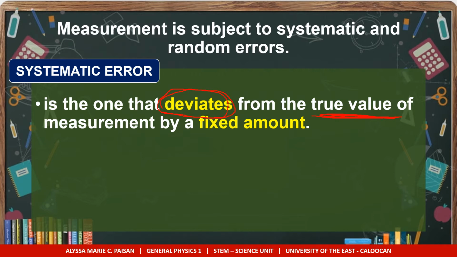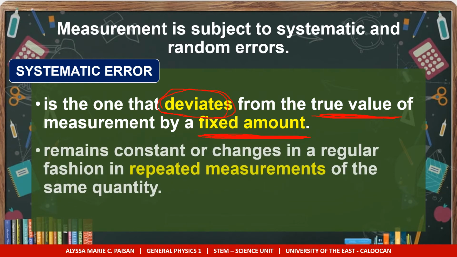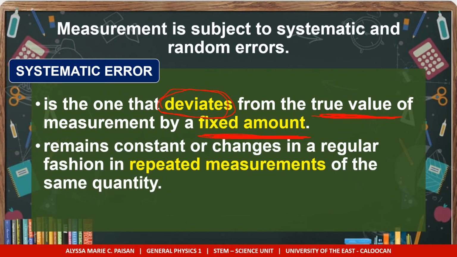Again, systematic error is the one that deviates from the true value of the measurement by a fixed amount. Okay? Next, systematic error remains constant or changes in a regular fashion in repeated measurements of the same quantity.